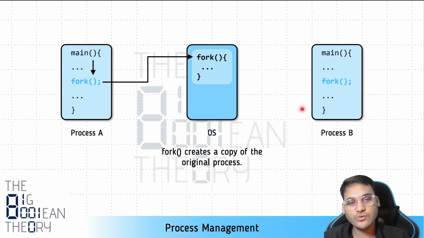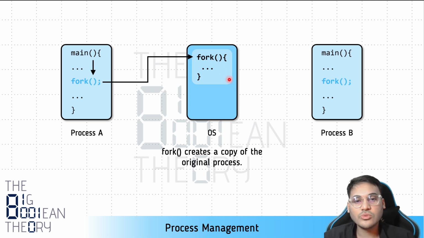The code that will be executed by process B, the data that will be processed by process B, everything is the same as process A. Only a few pieces of information, like the process ID of process A and process B, will be different. Some other minor pieces of information are different. Rest, everything is the same in process B, the child process.